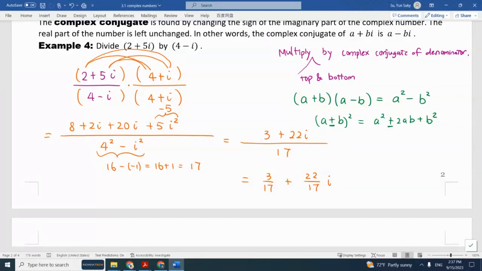Right, everybody? Okay, numerator: 14 minus 15 is minus 1. How many i? 41. 41i. 2 squared is 4. 5 squared is 25. And i squared is negative 1.